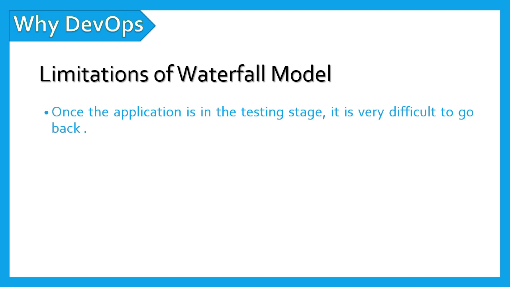What I mean by that is, suppose you have written the code for the entire application, but in testing there is some bug in that particular application. Now, in order to remove that bug, you need to go through the entire source code of the application, which used to take a lot of time. So, that is a very big disadvantage in the waterfall model.